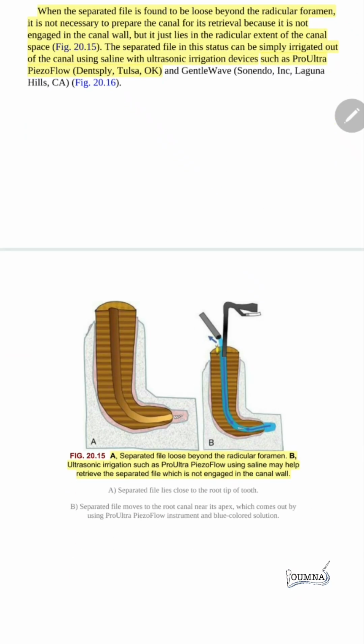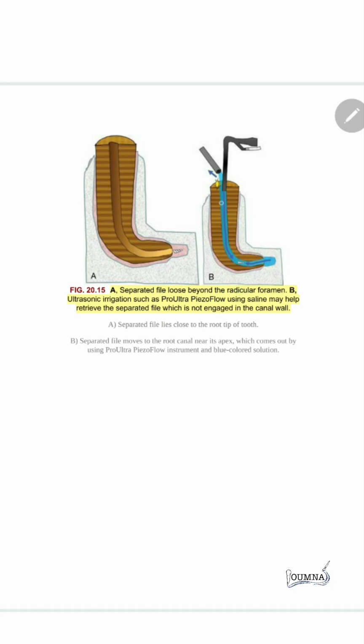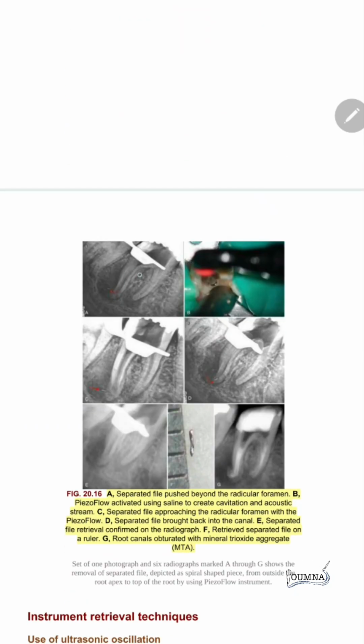In cases where the separated file is loose and extends beyond the apical area, we need no preparation. The only thing that we need is activated irrigation, where we use a copious amount of activated irrigation, like this case.